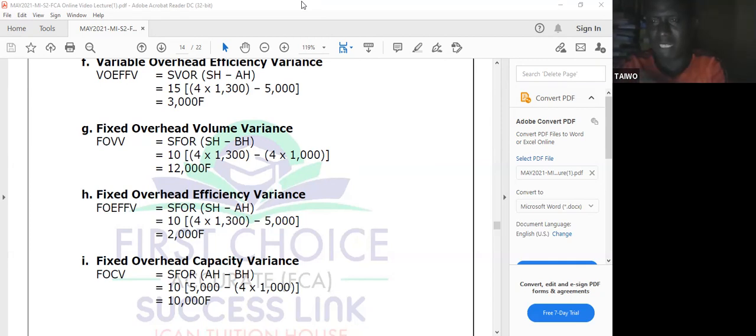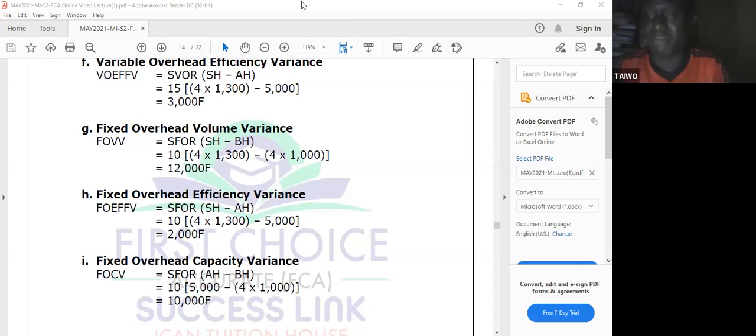Go and check your notes again. Your lecturer would have told you that fixed overhead cost variance is divided into volume variance and expenditure variance.